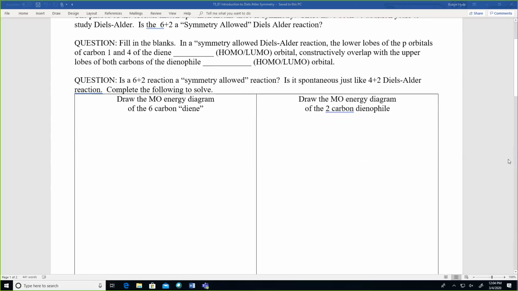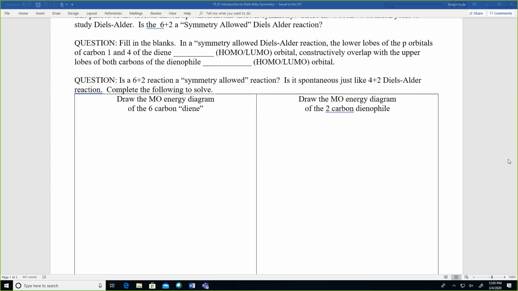Okay, so let's talk about your answers that you developed from Monday until today. I have the very first question. In a symmetry-allowed Diels-Alder reaction, the lower lobes of the p orbital of carbon 1 or 4 of the diene, which molecular orbital do we work with for the diene?